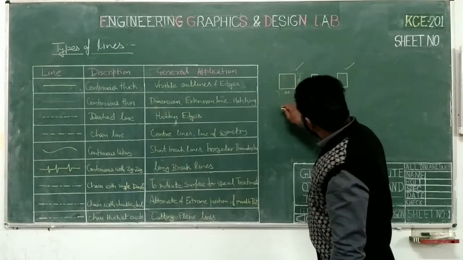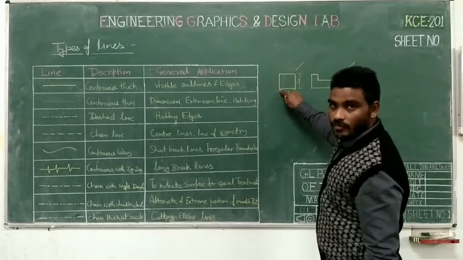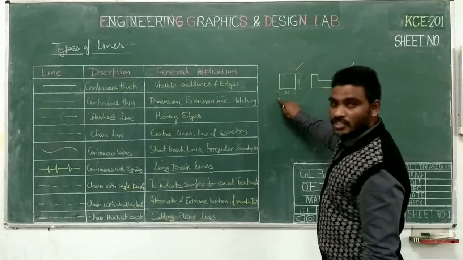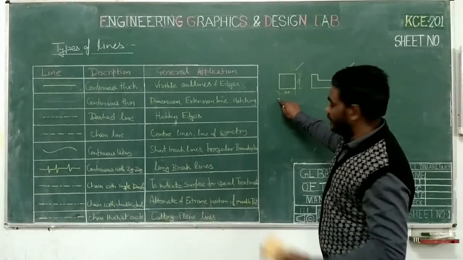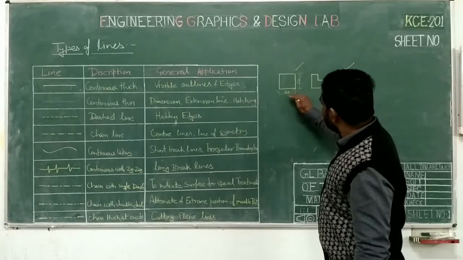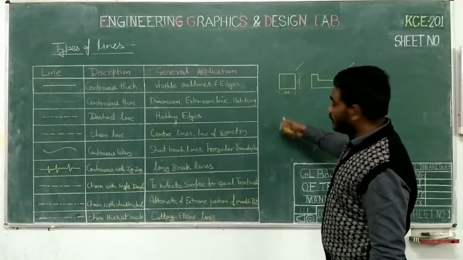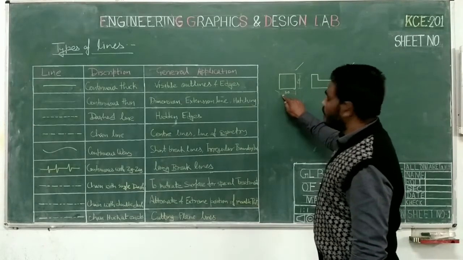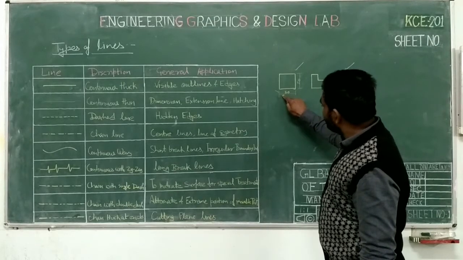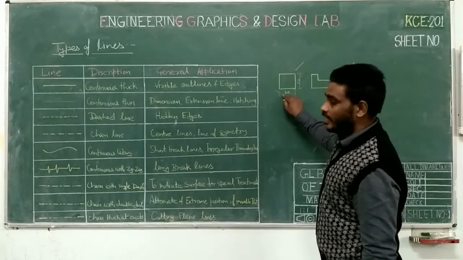This is known as the extension line, which is extended from the outer portion of the drawing, and this must be a continuous thin line. This is known as the dimension line, on which we have written the dimension of this side, that is 50 mm. So this line must also be comparatively thin. This is the extension line, this is the dimension line, and they must be continuous thin lines.